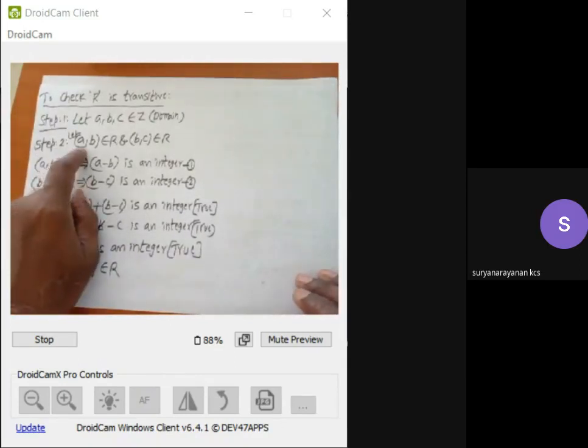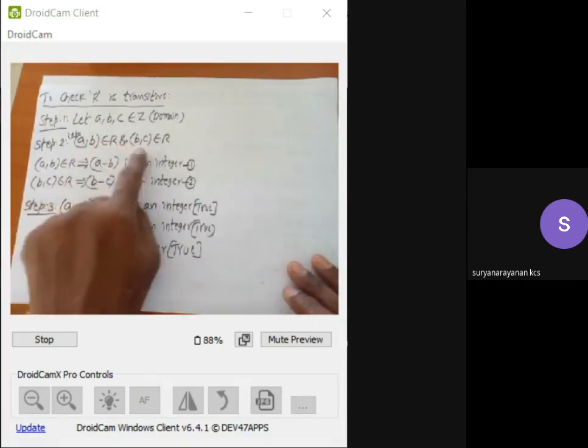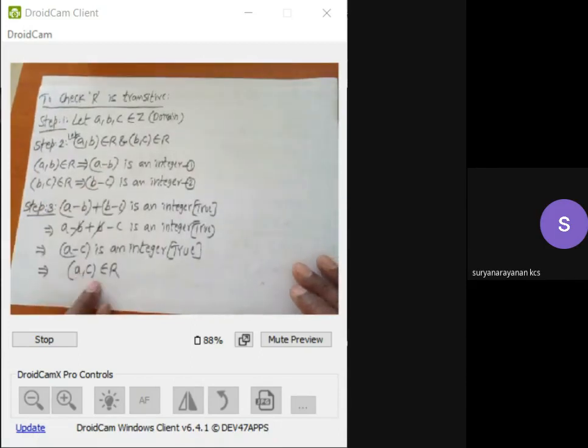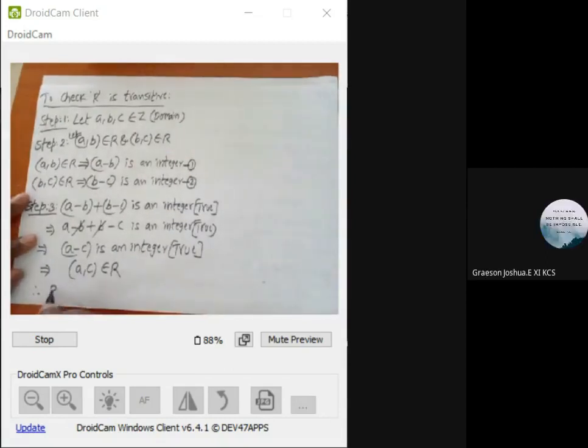At step 2, we have taken a pair of linked ordered pairs, namely ordered pair A comma B belongs to R and ordered pair B comma C belongs to R. We have to show that the resultant third ordered pair, ordered pair A comma C, is also in the relation R. We have shown this one. Yes or no? Yes, sir.